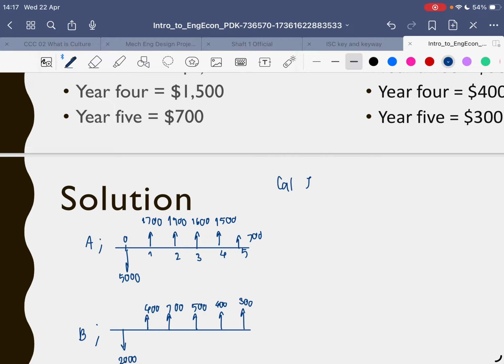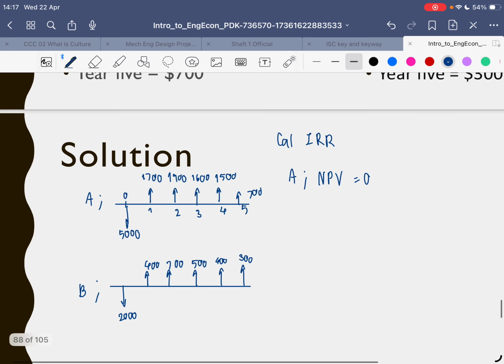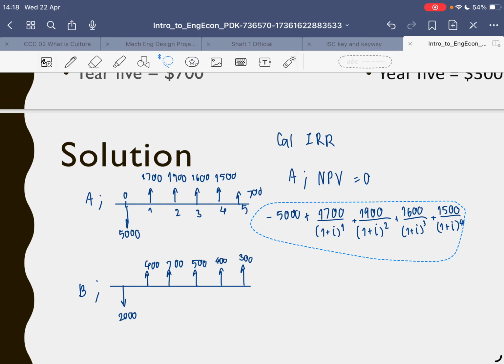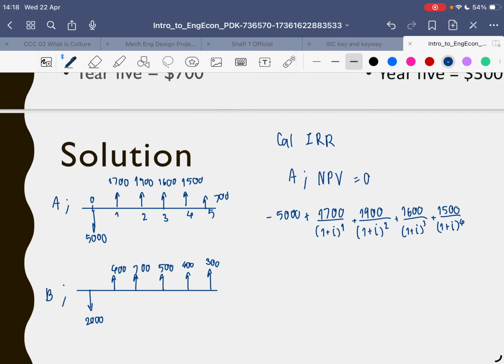NPV of option A is minus 5,000 plus 1,700 divided by 1 plus i to the power of 1, plus 1,900 divided by 1 plus i to the power of 2, plus 1,600 divided by 1 plus i to the power of 3, plus 1,500 divided by 1 plus i to the power of 4, plus 700 divided by 1 plus i to the power of 5, and set it equal to 0.